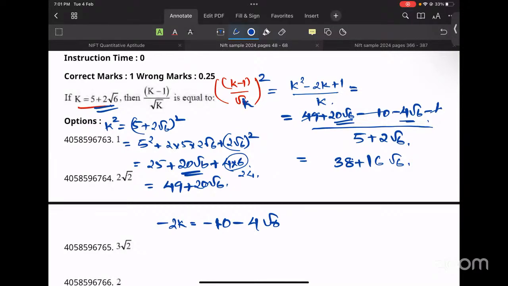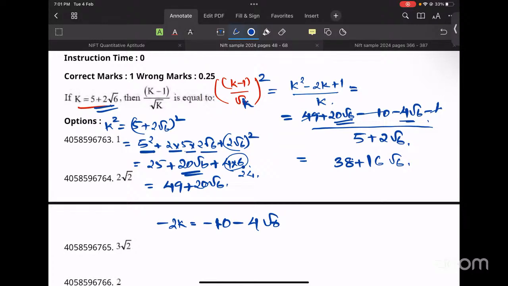One more time. k square minus 2k plus 1. The value of k square equals 5 square plus 2 into 5 into 2 root 6 plus 2 root 6 the whole square. That is 4 into 6, 24.